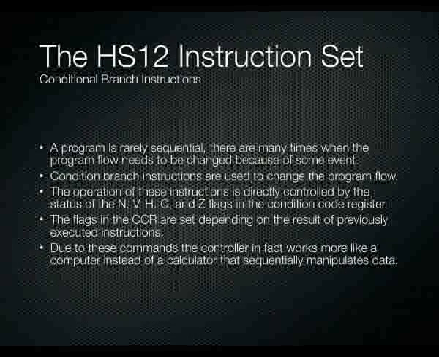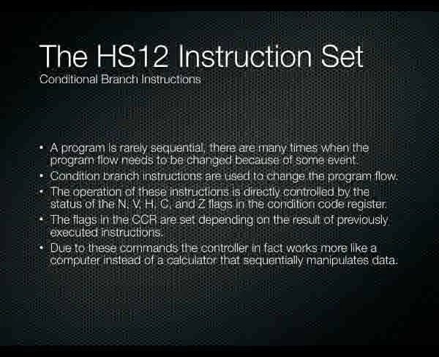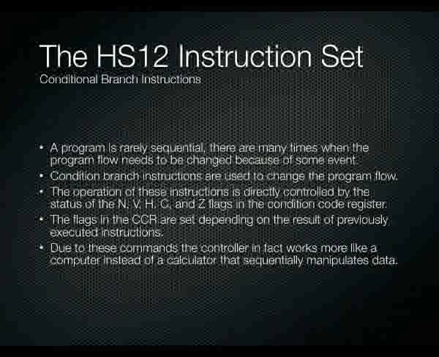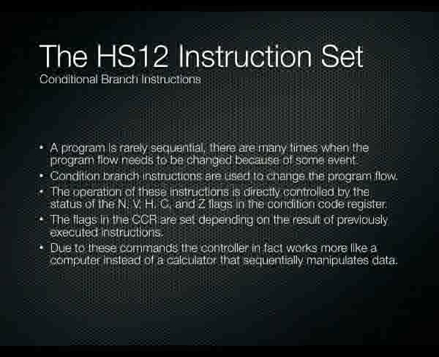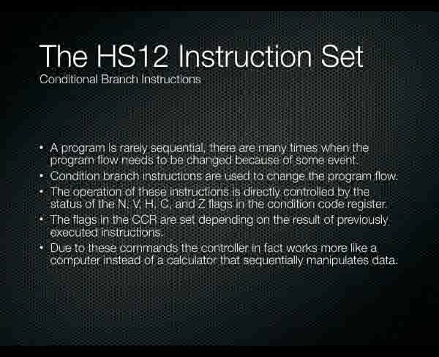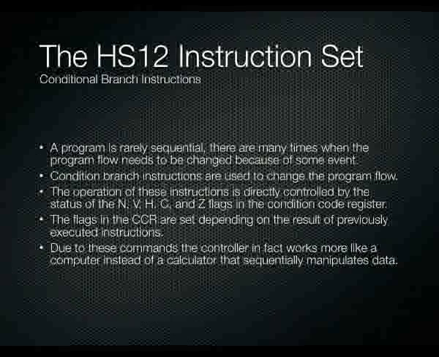Whether you've just compared a register and checked that it's greater than or less than 0, we'll jump if it's greater than, or continue with the code if it's less than. We'll simply split our code down two separate paths depending on some value in some register somewhere or some event that may have taken place. So we use conditional branching instructions to change our program flow.